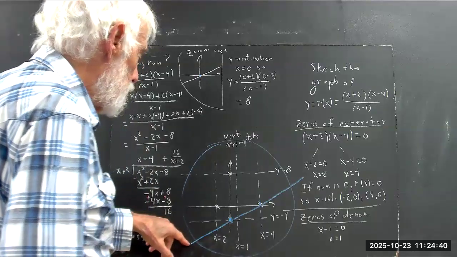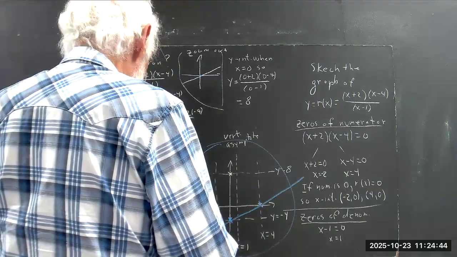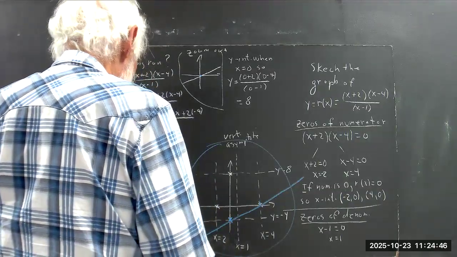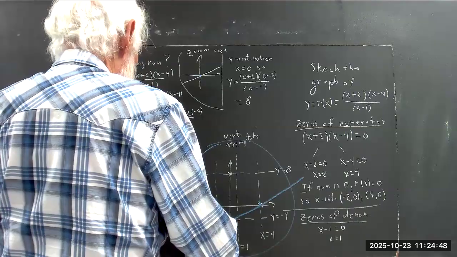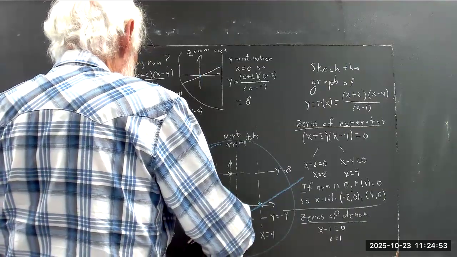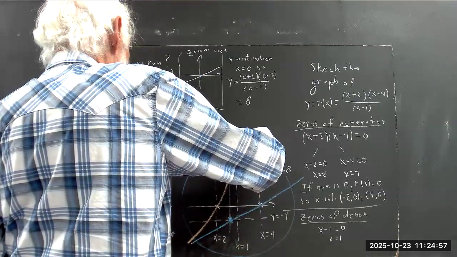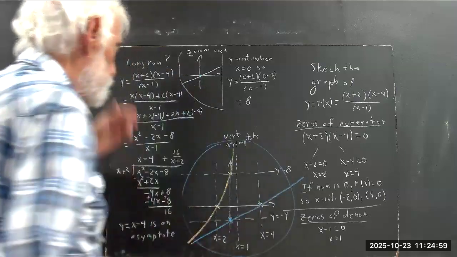So the graph has to come up from wherever this line is. I'm going to draw it here. And it's going to come up through this line, go through this point here, and approach a vertical asymptote.